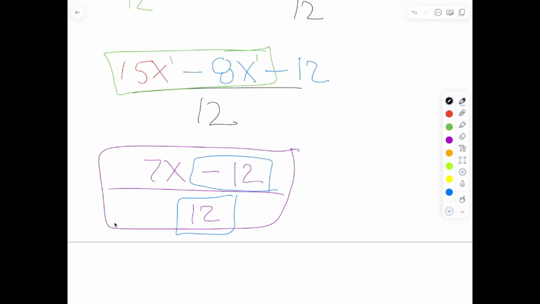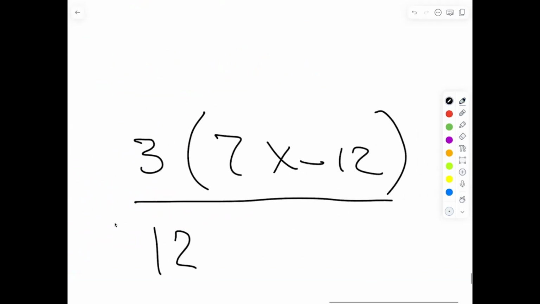If you had, let's say, you had this. Can you cancel the 3 with the 3? Yes. That gives you 1. And can you cancel the 12 with the 3? That gives you 4, right? You could do that.